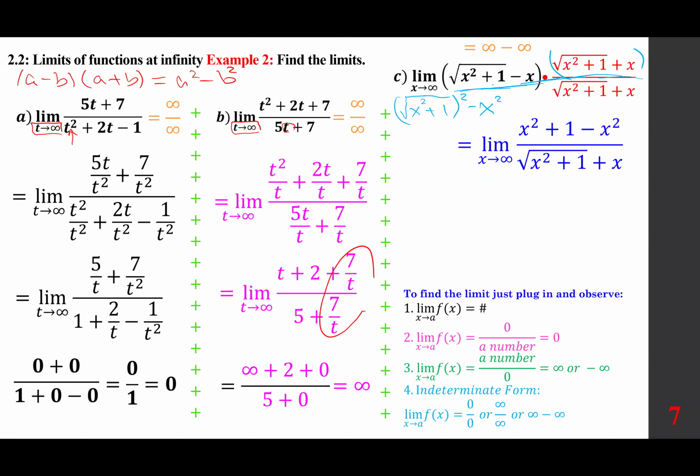This is what you get. And you can drop the x squared and negative x squared. Now if you plug in, the denominator has infinity and infinity, or two infinities, if you will, and any number divided by infinity is 0. So it's easy to see that.